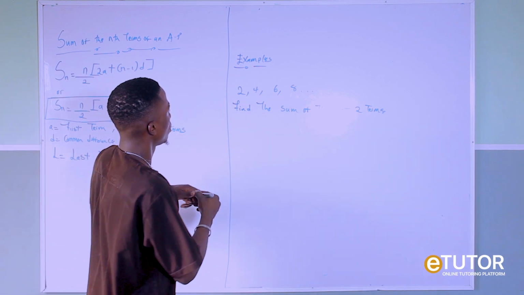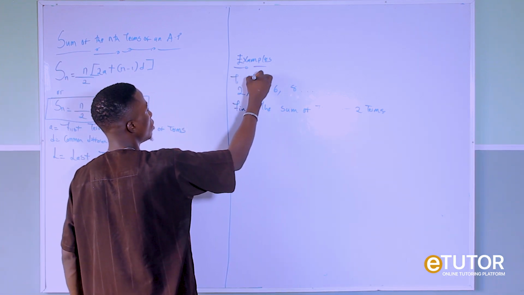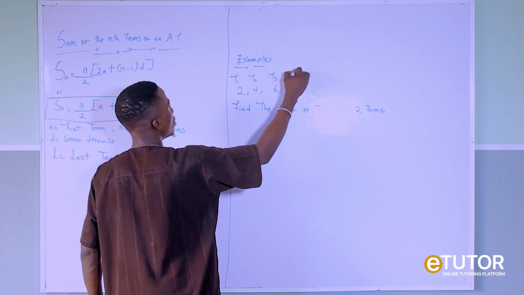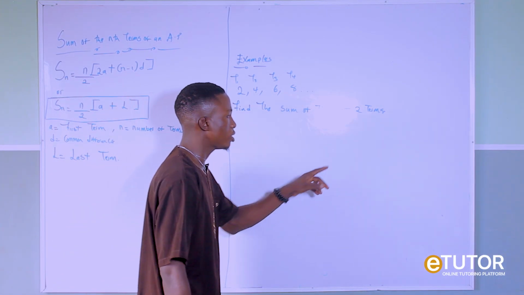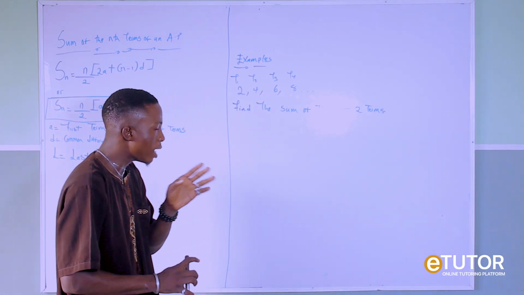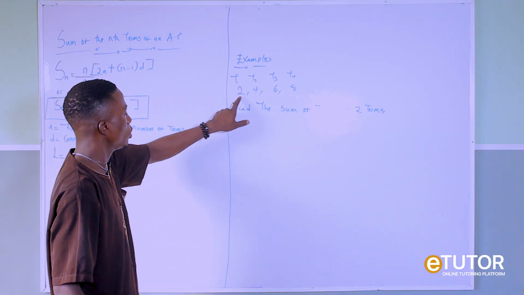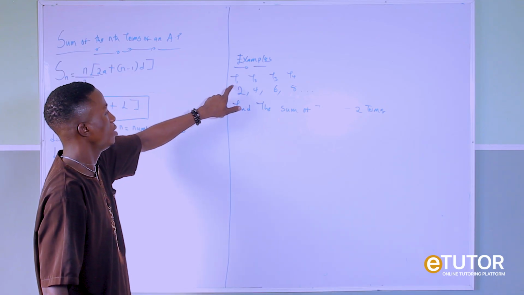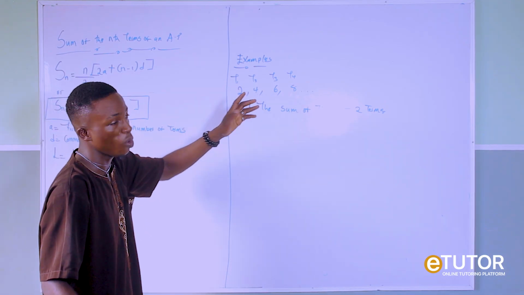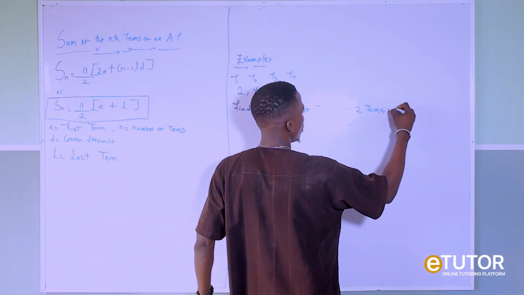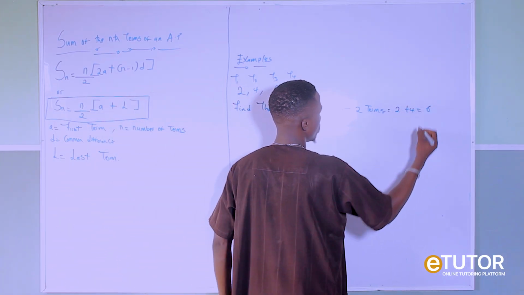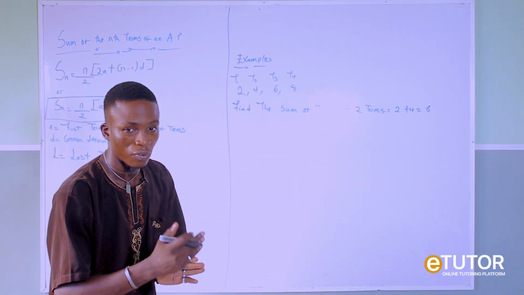Now we have, this is T1, this is T2, T3, and T4. Let's say you're asked to find the sum of the first 2 terms. Easily, without calculating, you just say, this is the first term, this is the second term. So 2 plus 4, sum means addition. So 2 plus 4 gives 6. Easy. That's the sum of the first 2 terms.